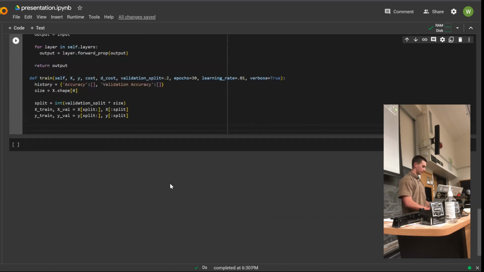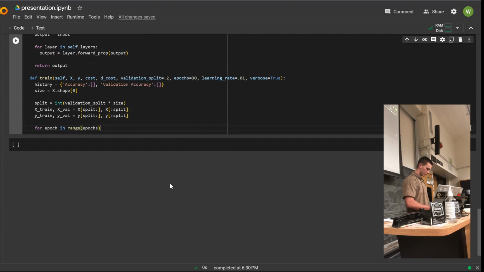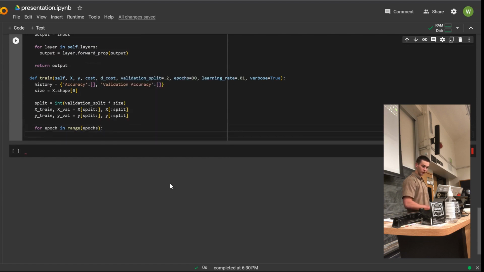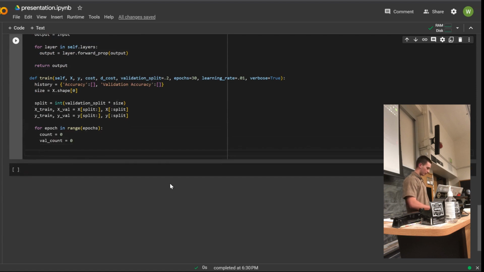Okay. Now we are going to train. We're going to loop through our range of epochs and train it on each one. Okay. So I'm going to define these count variables. These will be helpful in determining our accuracy later. And now I'm going to loop through the training set.